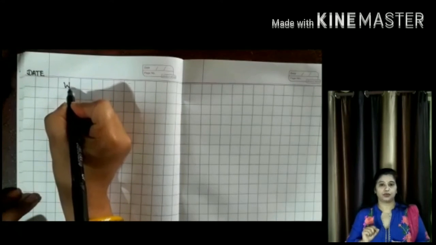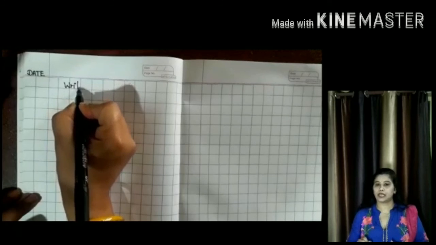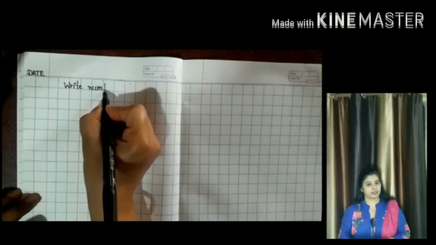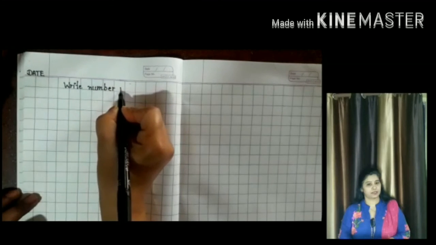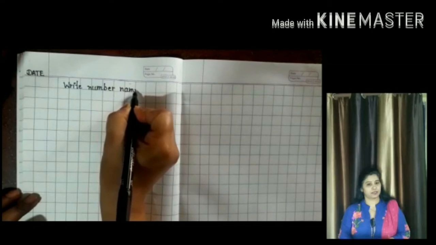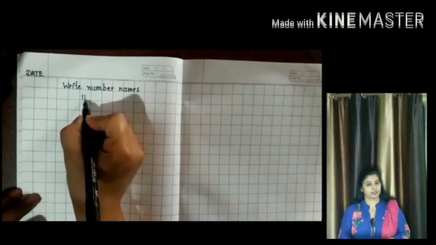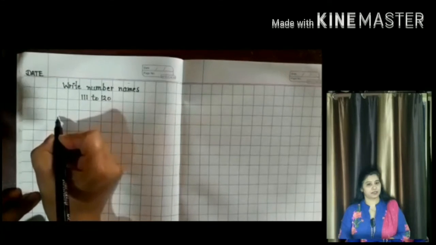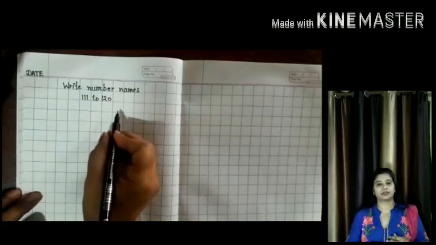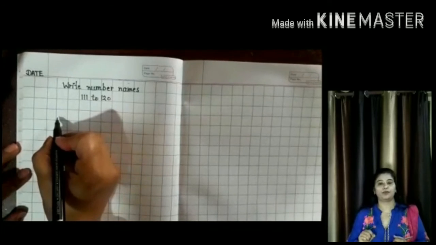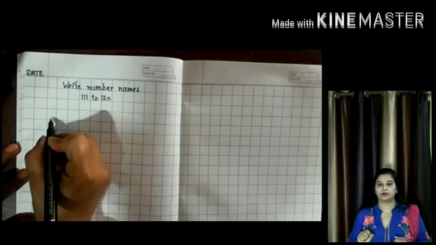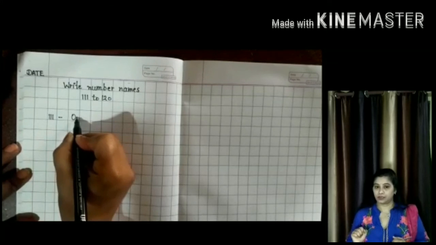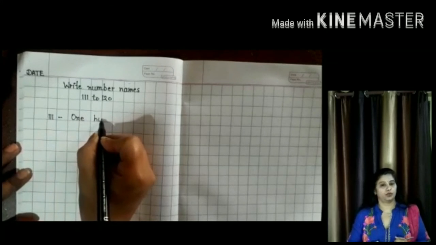Now first you will write the heading just like this. Leave one line and start the number names from this line. 111. Same you will do.